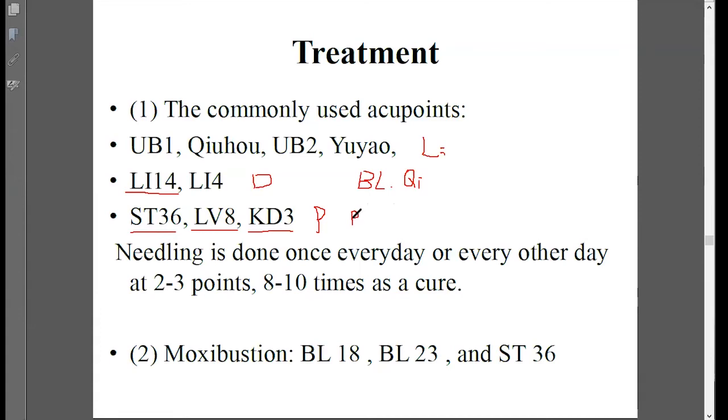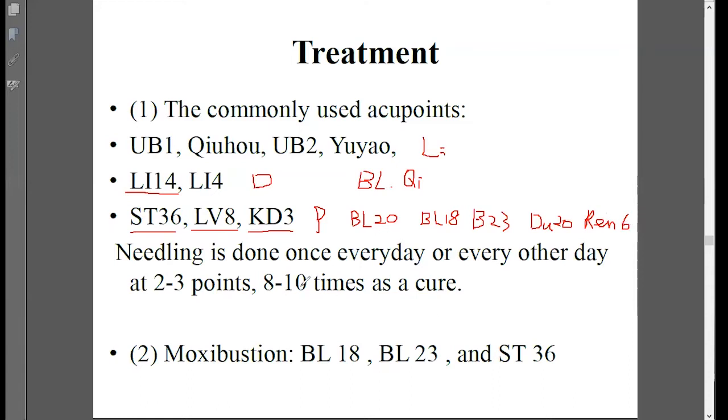We can also lift qi upward, like with Du 20, and even some ren points, like Ren 6, to add more qi there.